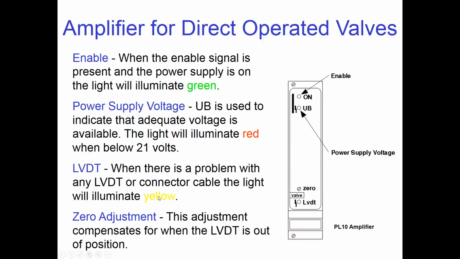All right, if we have any kind of problem with the LVDT, broken wire or out of calibration or anything like that, then this LVDT light here will shine yellow. And then we have another thing here, the zero adjust. It's a little flathead screw, and we will adjust that whenever the valve gets out of null. How do we know when the valve gets out of null? Well, it's out of null if we're applying, say, a zero command voltage.